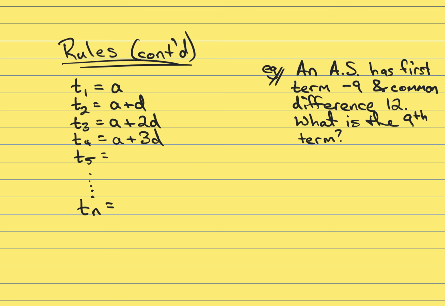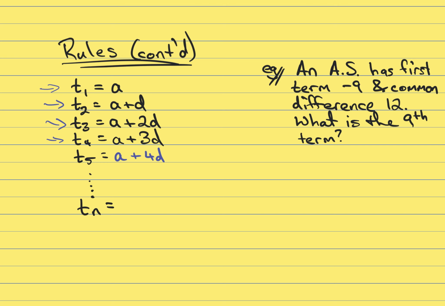So let's just say we have an arithmetic sequence where the first term is some number A. Okay? The second term then would be A plus the common difference, A plus D. If we go up to the third term, T3, that would be A plus D again, or A plus 2D. The fourth term then would be add another D to that, A plus 3D. And sure enough, for term 5, we'd have to add D again, and we'd get A plus 4D.